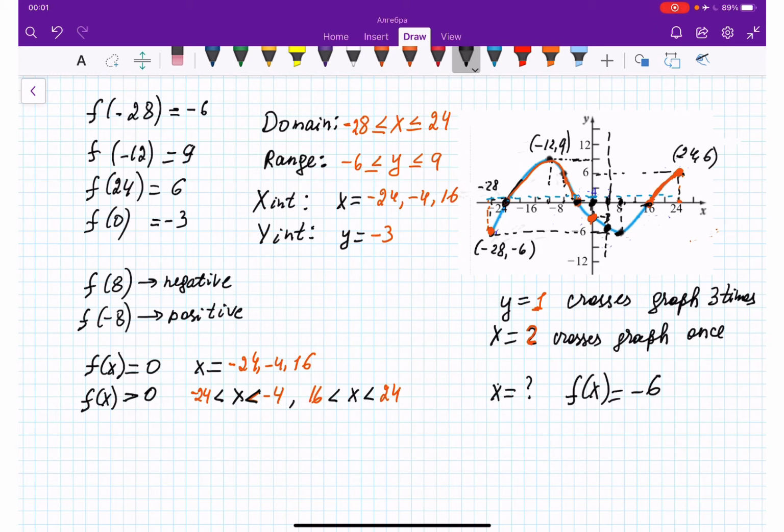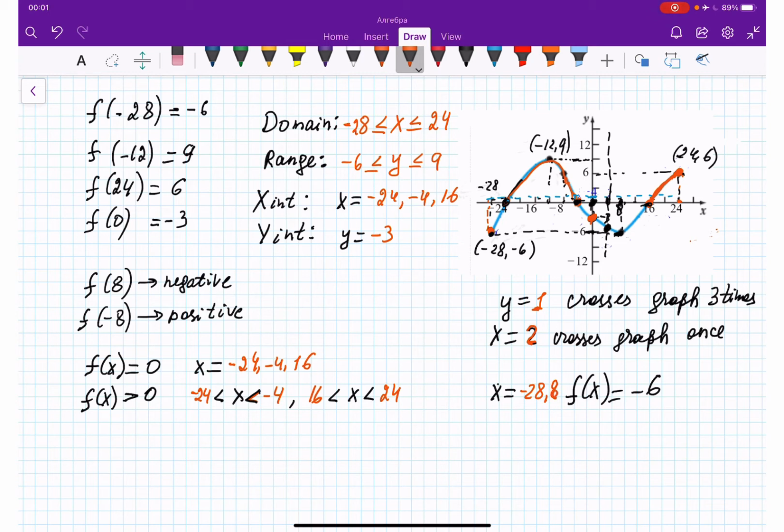Let's see, where do we have negative 6? It's right here. When x is equal to what? Negative, positive, what? 8 and negative 28, right? Because this is 8. So it's going to be negative 28 and 8.